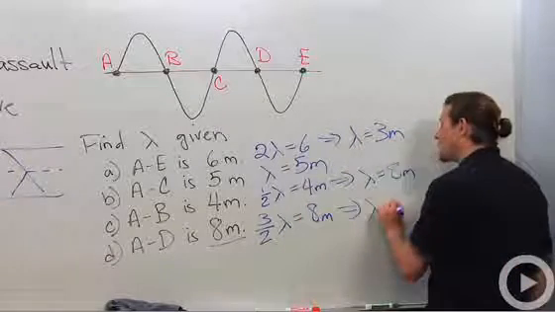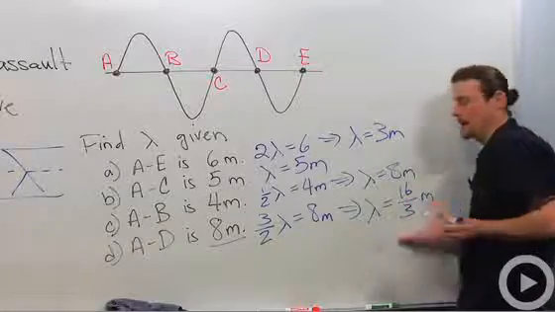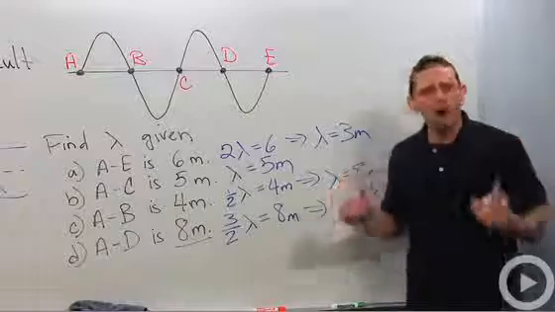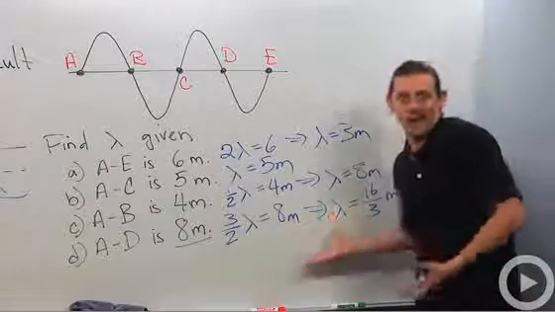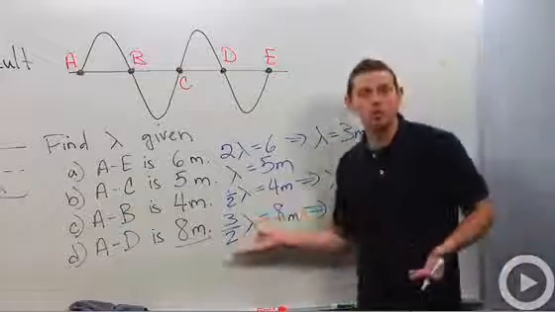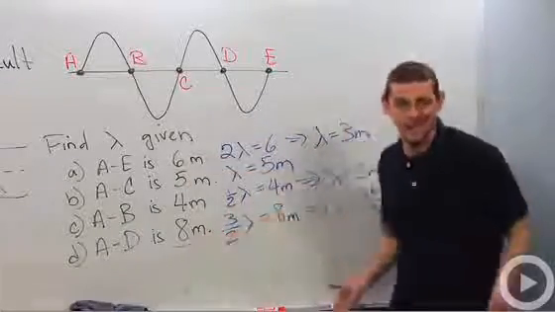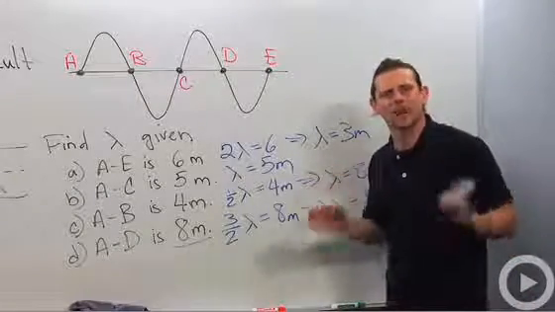So the wavelength in this case is 16/3 of a meter. That's probably the only one of these 4 that you'd really need to write down, and that's why I wanted to do it, because these aren't always so simple that you can just look and guess the answer.